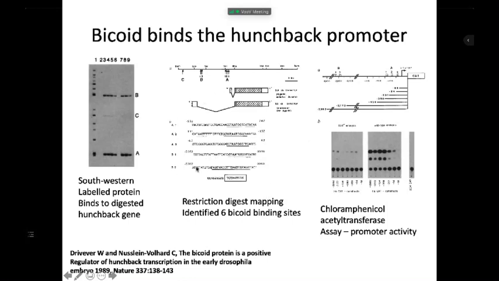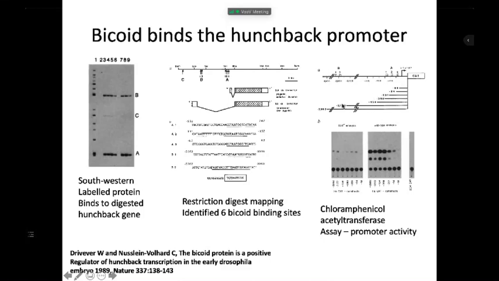Then we can check to see whether they activate transcription by using bicoid knockout embryos and wild type embryos, and using this very old style assay called a chloramphenicol acyl transferase assay, which basically asks the question, can we get transcription of this important reporter gene, chloramphenicol acyl transferase, or CAT, from these fragments of the hunchback promoter that have been made of different lengths.